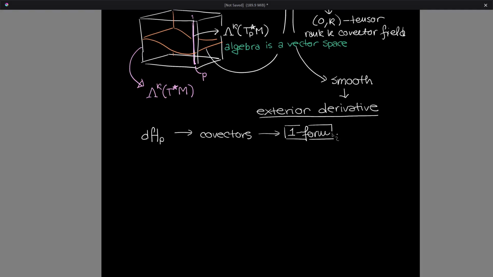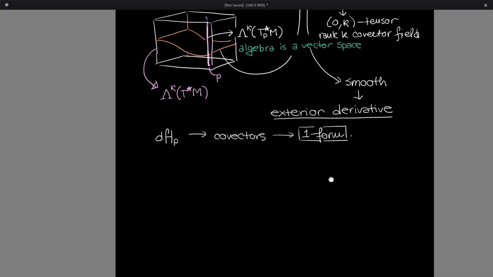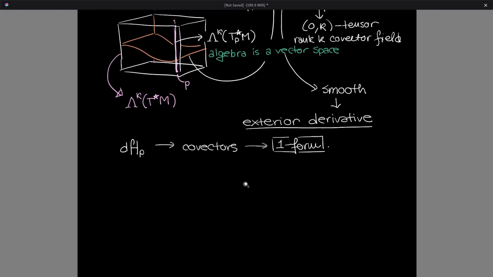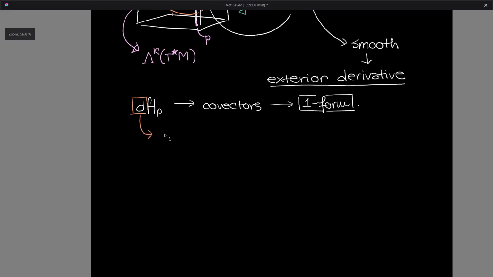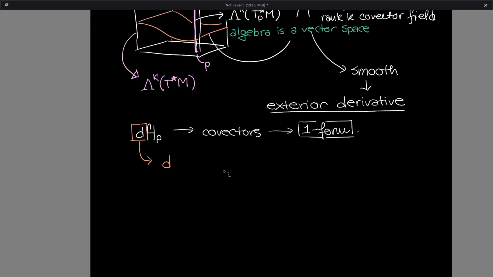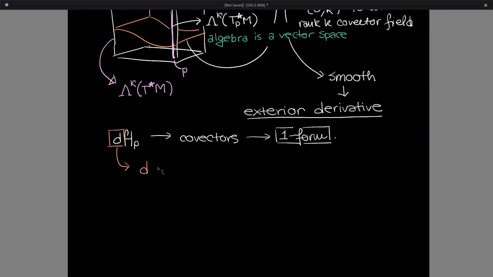The reason we called it a one form is because it's actually this thing, and the reason why we called this small letter d is because this is the exterior derivative. We wanted to make sure that this letter would agree with what we were eventually going to define.